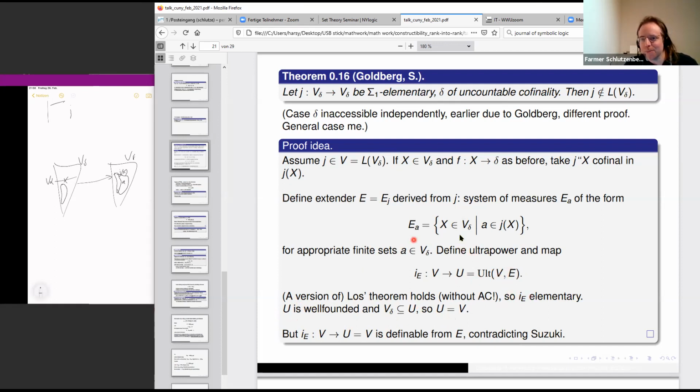Because we've got an extender here that covers everything in V delta, V delta is a subset of this ultrapower, but this is working in L of V delta. So in fact, U is the full L of V delta, which is V. So that gave us an embedding of V into V, but it was definable from this parameter E, and so that contradicts Suzuki's theorem.